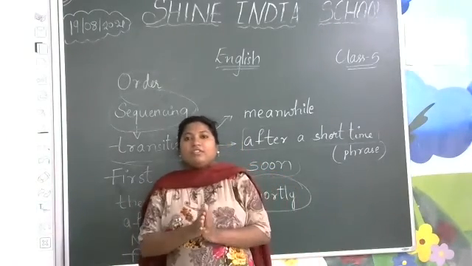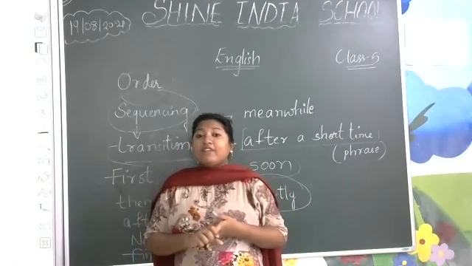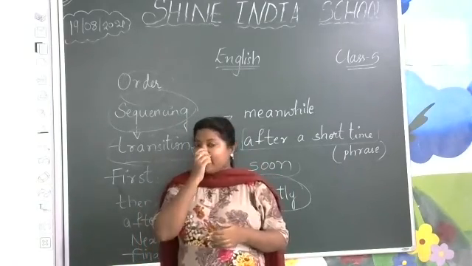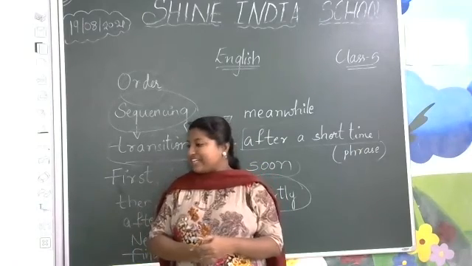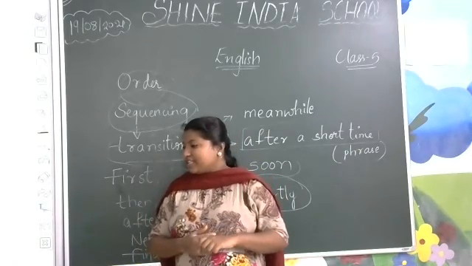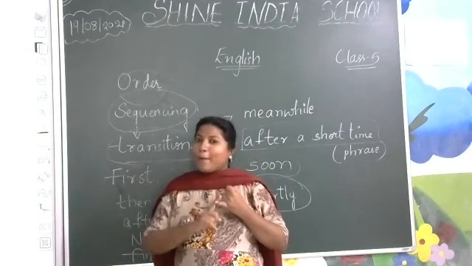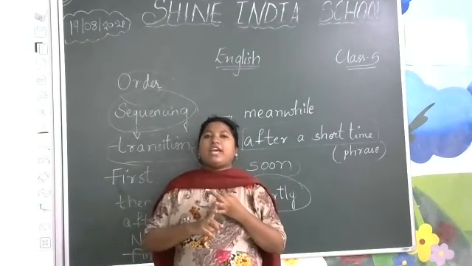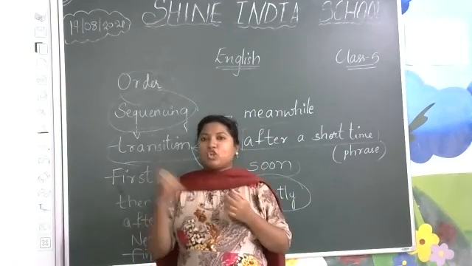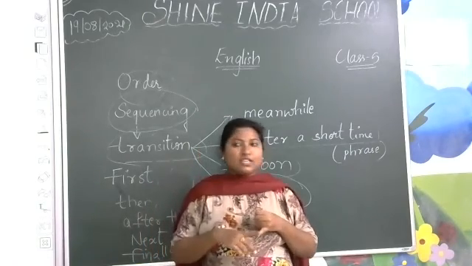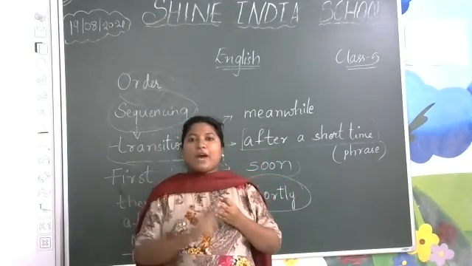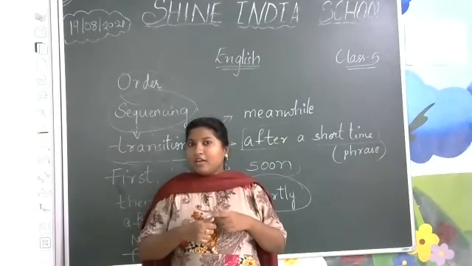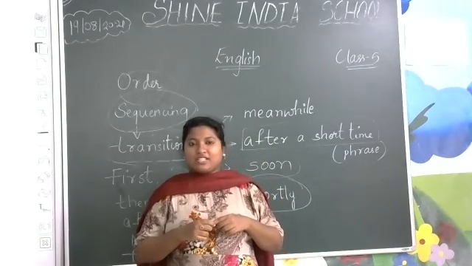Okay children, then I will send the notes today for you. Block 2 notes, and a slip test will be there on Saturday. The slip test will be on topics: simple past tense, sorry, in Block 2, simple past tense and past continuous tense as well as describing an event.